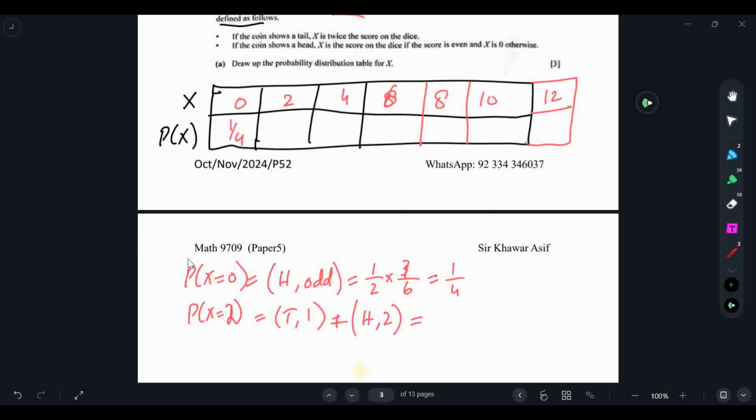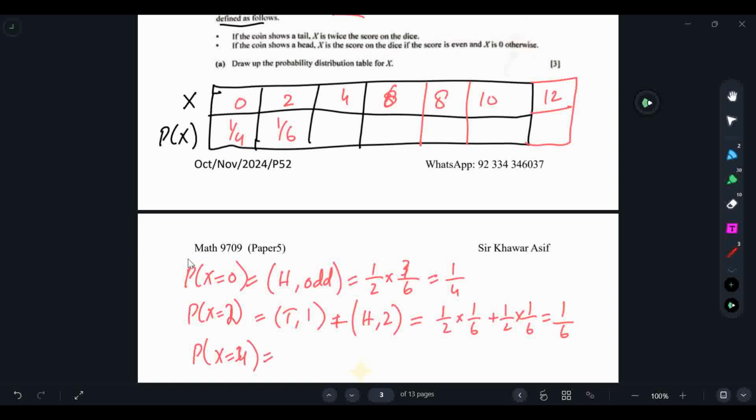So this will be equal to 1 by 2 multiplied by 1 by 6, plus 1 by 2 multiplied by 1 by 6. Now if we simplify it, the answer will be 1 by 6.